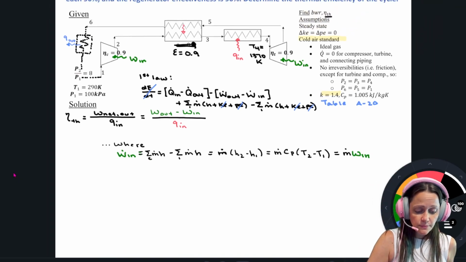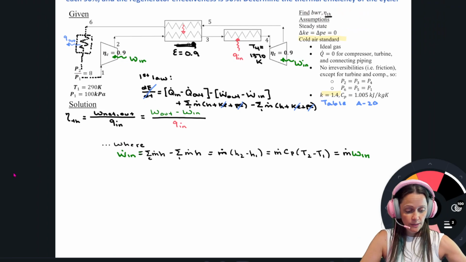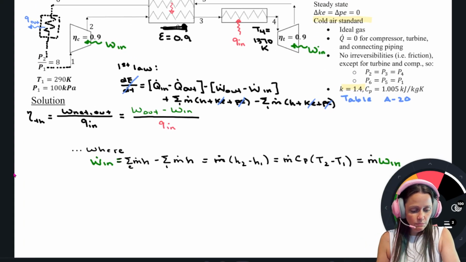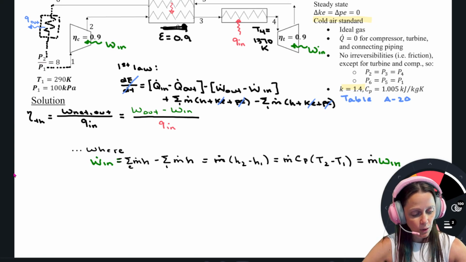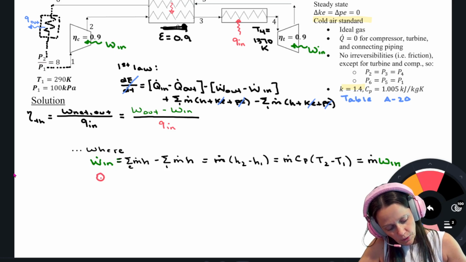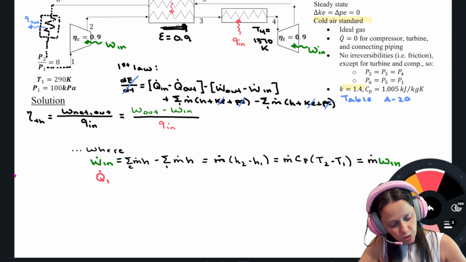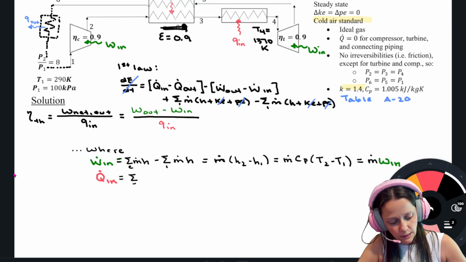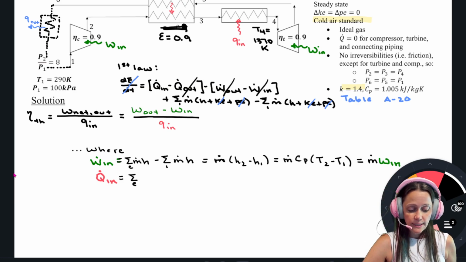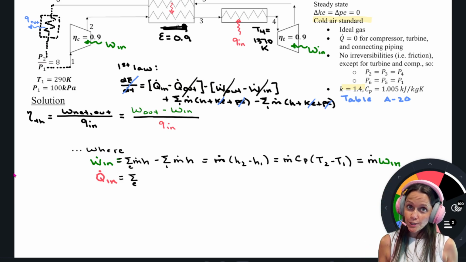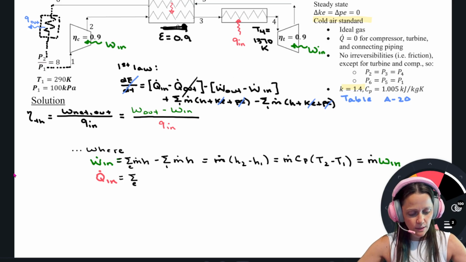All right. And I could work my way around the cycle, right? So the next heat or work input that I come to, or output that I come to, is between 3 and 4. So this is where I'm modeling my combustion process. So if I apply my first law, cancel all this stuff out, it's going to be all the stuff going out minus all of the stuff going in.